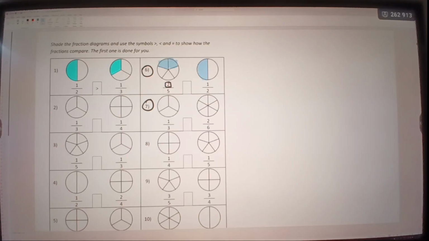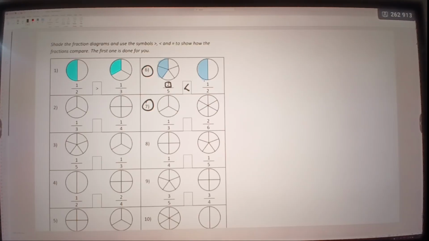So which is more? You can shade like this so that you can figure out which is more. So which is more, 2/4, 2/5 or a half? So you can see a half is greater than 2/5.